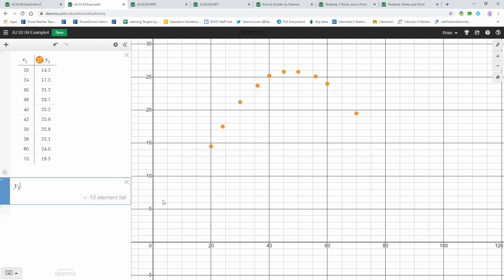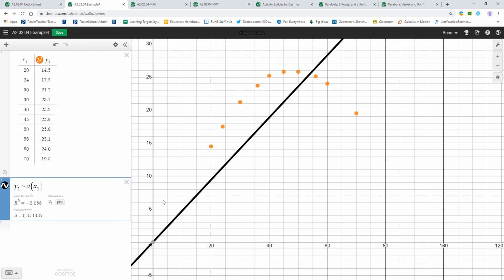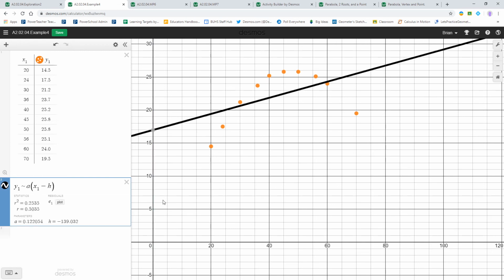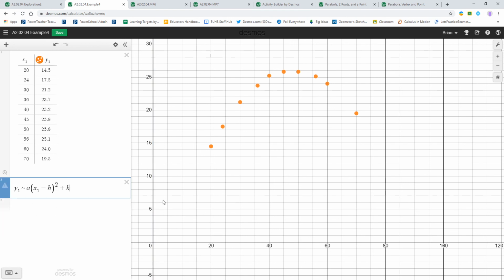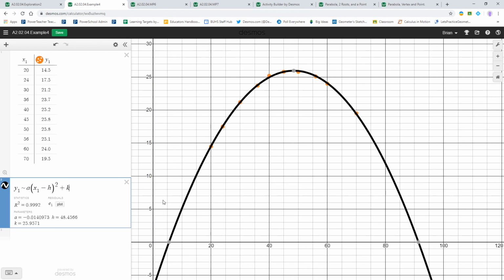I'm going to do y1 tilde, and actually I wonder, would it let me do a, h, and k? Let's try it. It theoretically would. So a times parentheses x1 minus h squared plus k. And look at that, it still will work. And so I actually could have written this in any form that I wanted.